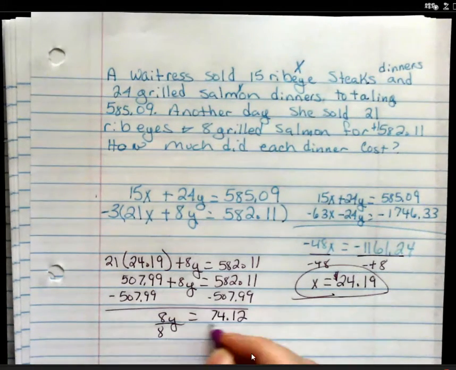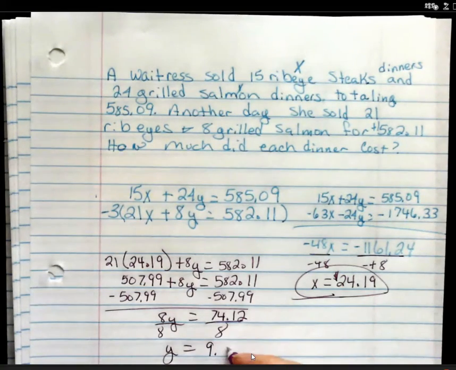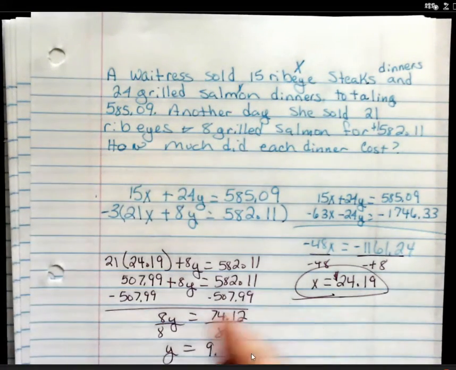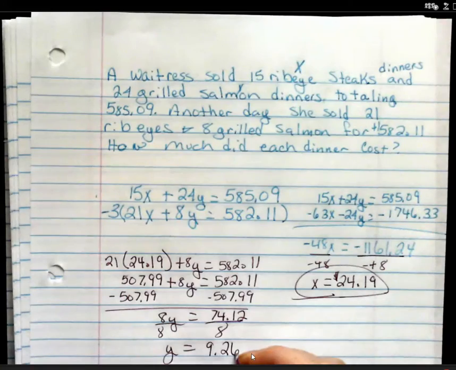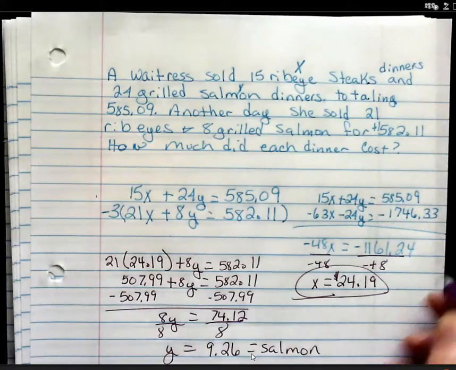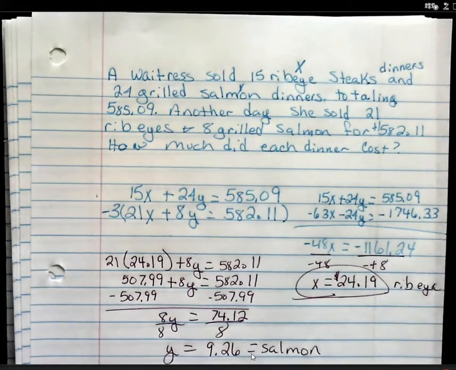Divide both sides by 8. And you get 9.265, so that would be $9.27 for your salmon. So this was your ribeye, and this was your salmon.